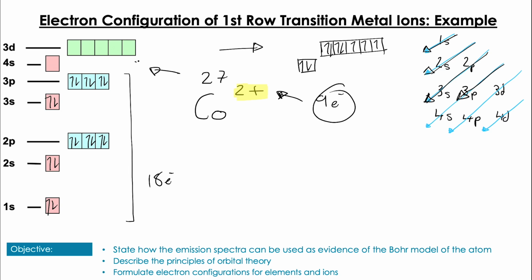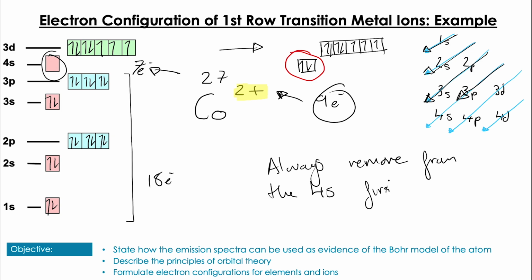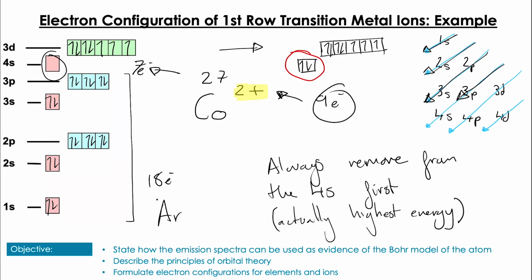Now, to take into consideration these 2+, instead of taking the 2 paired electrons away from our 3d, we're going to take those 4s electrons and leave all of our d electrons intact, because we always take those 4s electrons first, and so that's going to give us argon simply with 3d7.